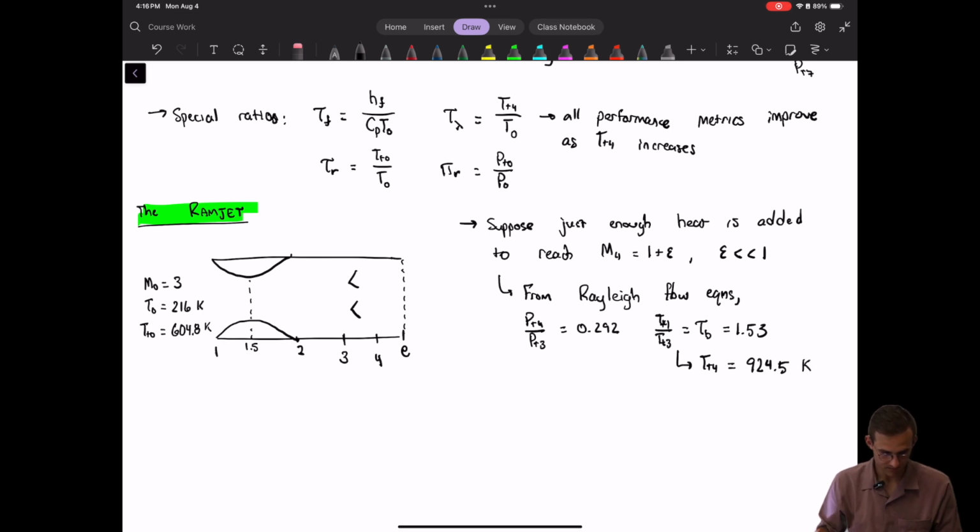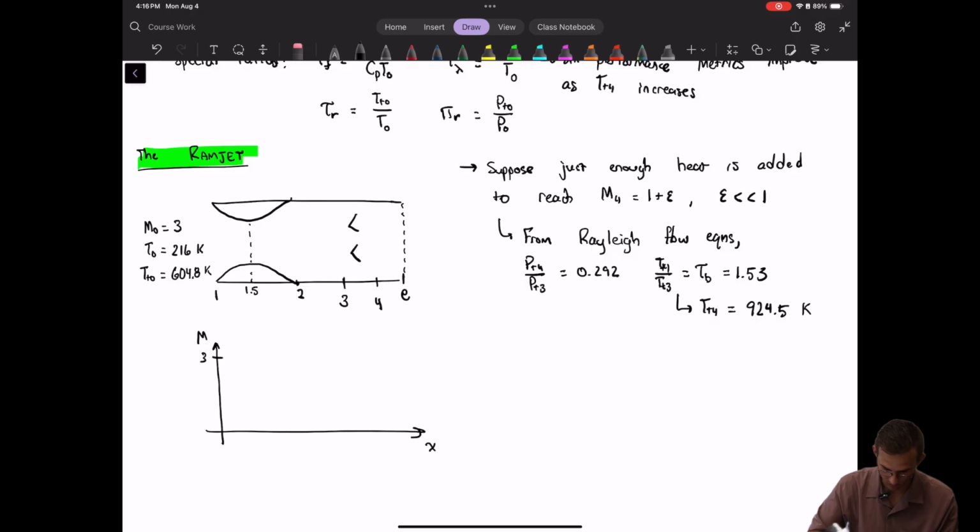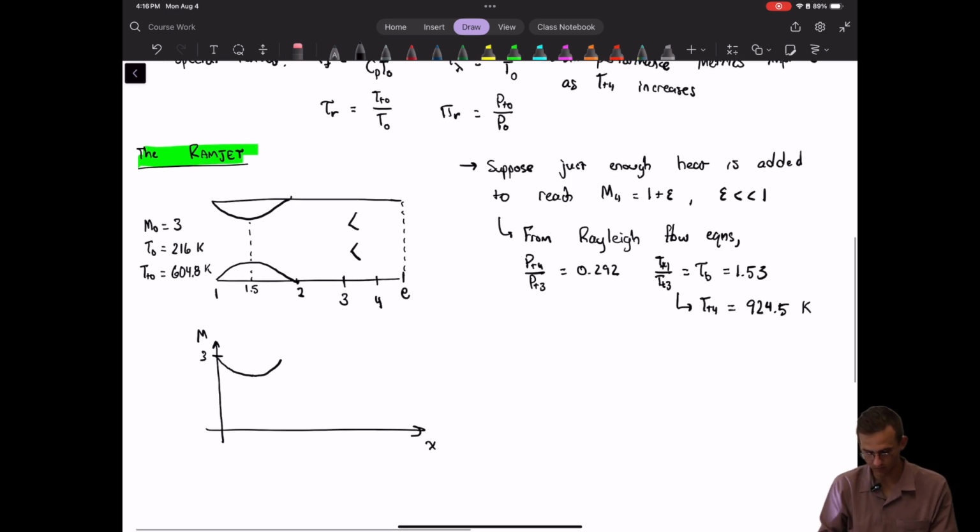Okay, so if we were to plot the Mach number over this device, it would look like this. So this is X along the engine axis, and then we have M. We're going to start at 3, and as it enters, it'll decrease a little bit, and then go back up to 3, because we're assuming that the flow is adiabatic in that nozzle.